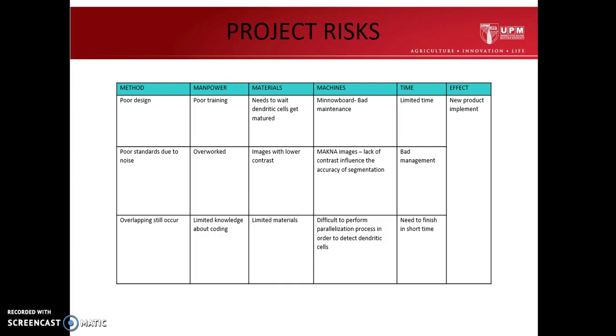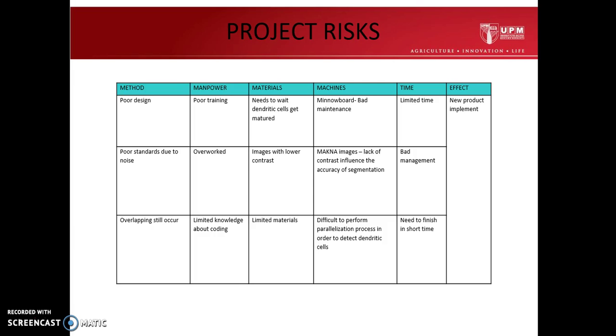Next is about machine. The hardware that we will use for this project is the nanoboard. However, it has bad maintenance because some parts are not quite okay to be tested. Second is the Magna image. The lack of contrast influences the accuracy of segmentation, so it is difficult to perform the parallelization process in order to detect dendritic cells.